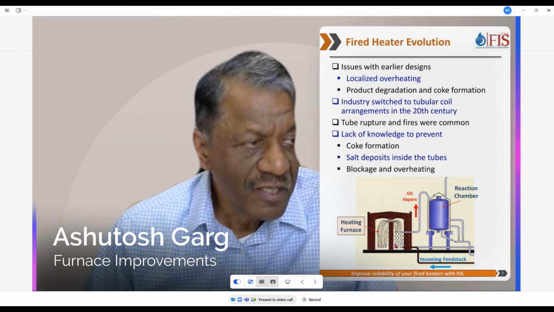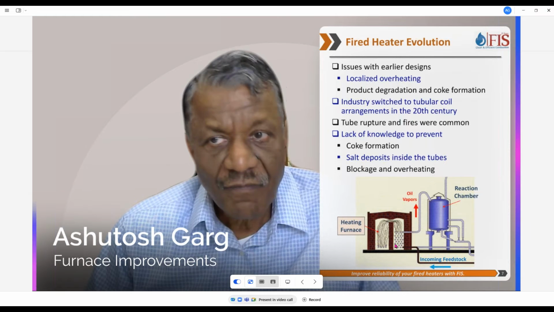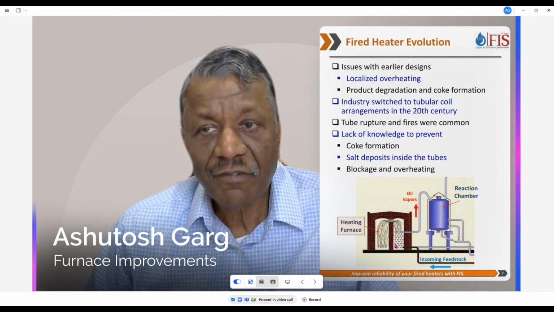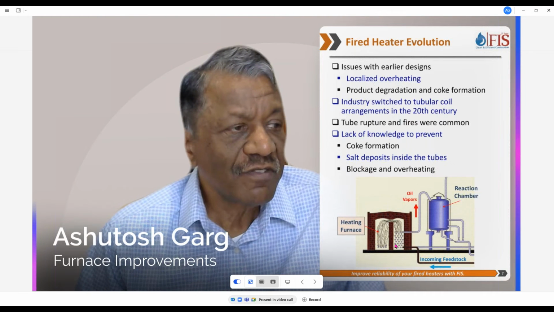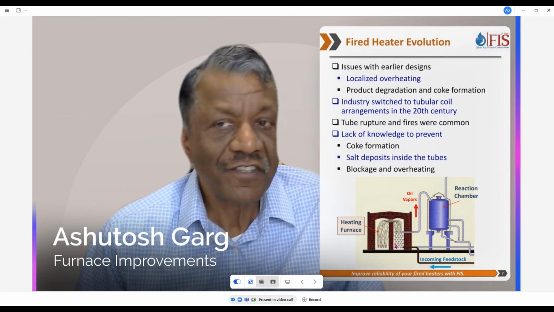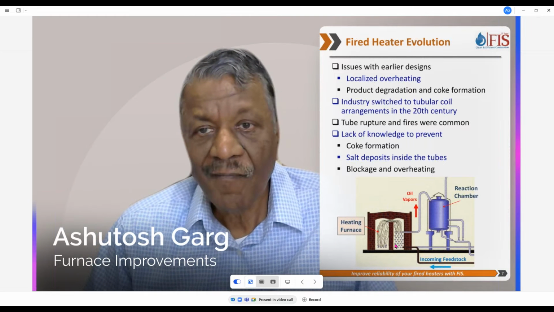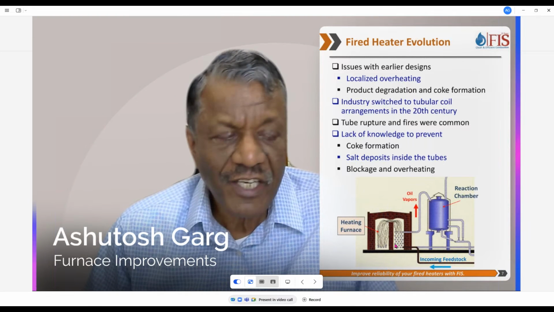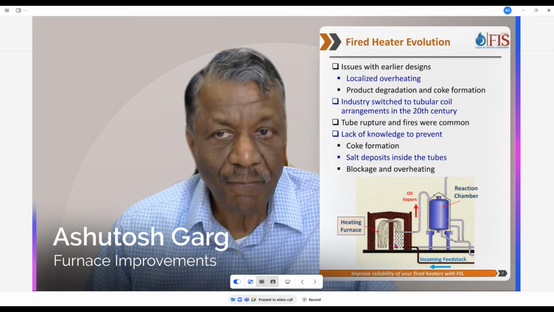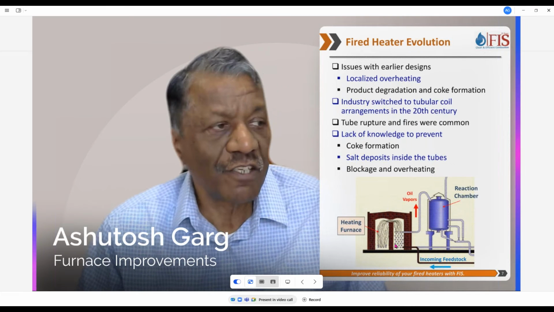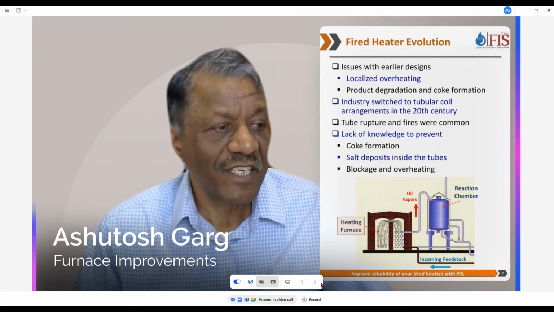Later they realized that they need to have heating surface in the radiant section. They need to make a large radiant section and put pipes over there, and the modern pipe still heater was born after that.